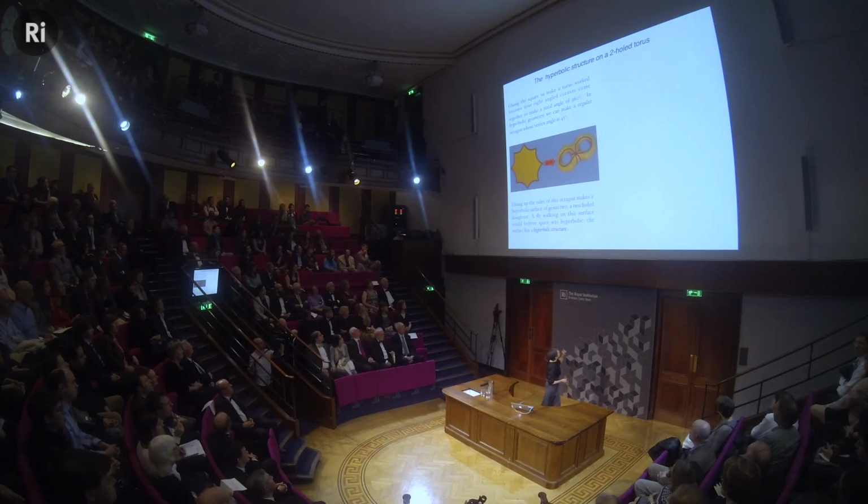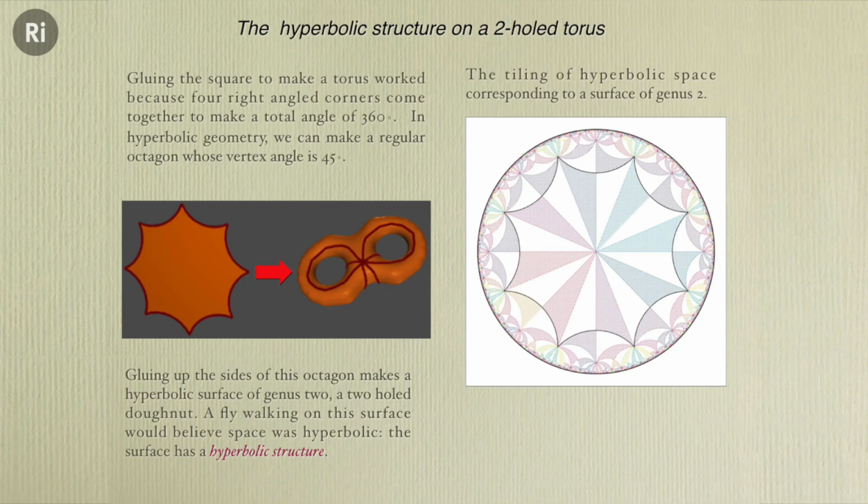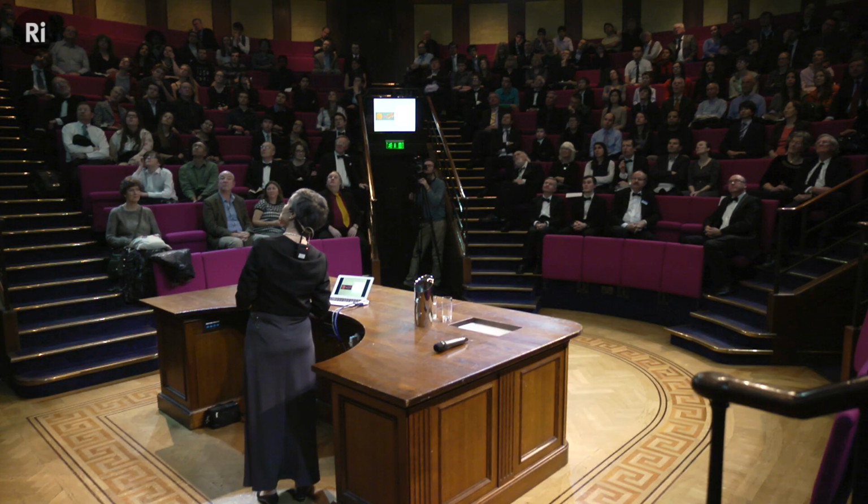Well, you remember that in hyperbolic geometry, the angles in a triangle don't add up to 180. They add up to something less than 180. And actually, you can create triangles whose angles add up to anything you like, less than 180.